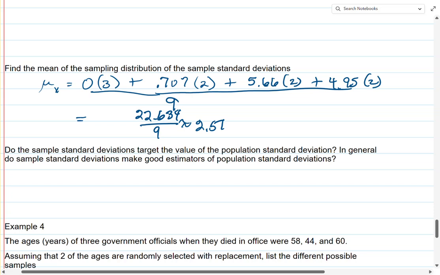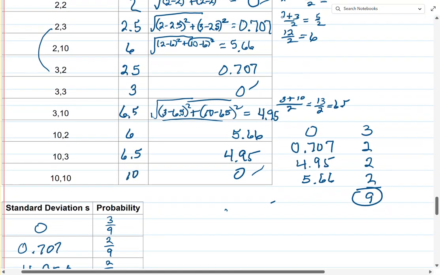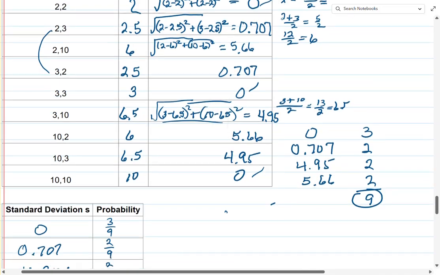Do the standard deviations match? No. No, they don't. The one we got for the population was 3.56.